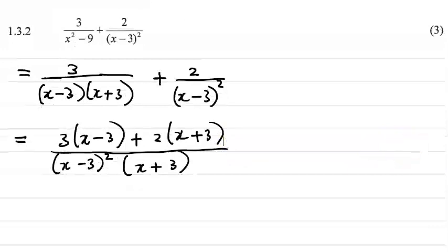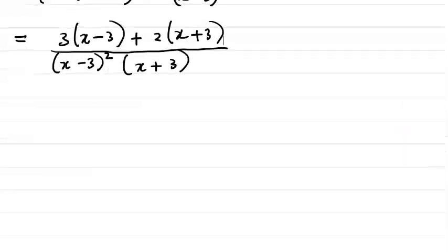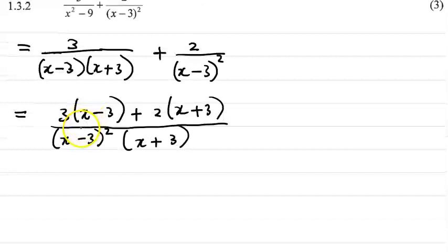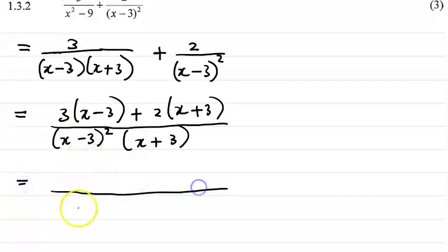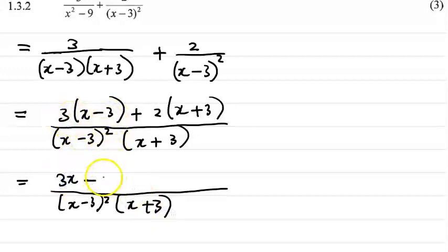Now remember that we don't simplify or open the brackets in our denominator, we only do that in our numerator. So whatever you had down here, you're just going to leave it as it is. x minus 3 squared, x plus 3. So you're just going to open the brackets here. So that's going to be 3x, and that's 3 times minus 3 is minus 9, and plus 2 times x is plus 2x, and plus 2 times plus 3 is plus 6.